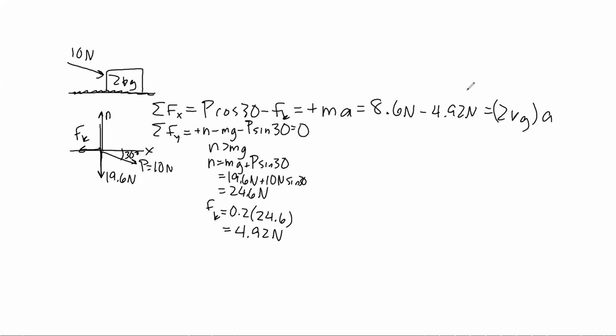Okay, I can do this in my head. 8.6 minus 5 is 3.6, so adding 0.08 to that gives us 3.68 newtons. That's our net force, evidently. That's going to equal 2 kg times a. Dividing by 2, we get 1.84. So our acceleration now is 1.84 meters per second squared.